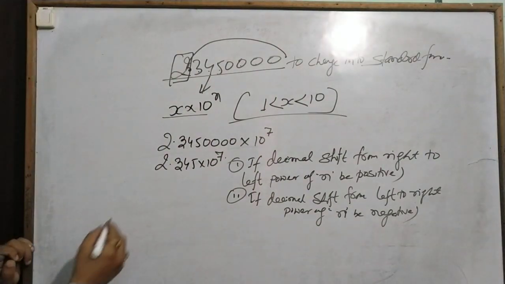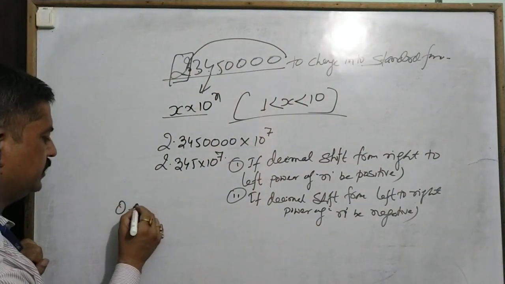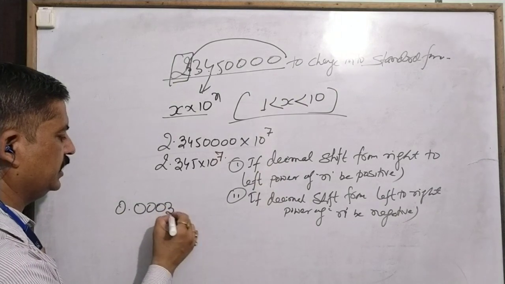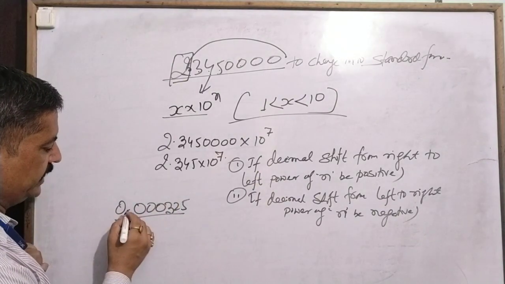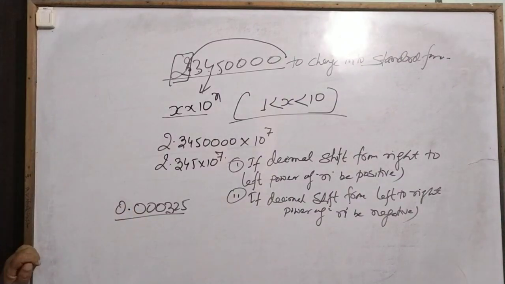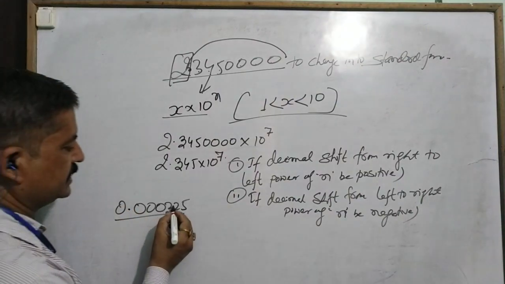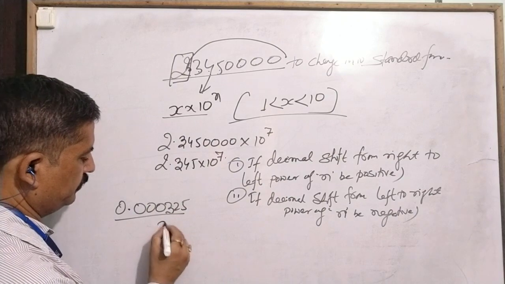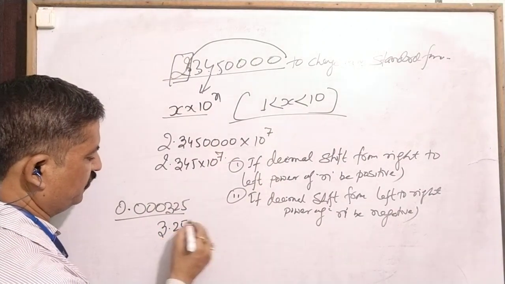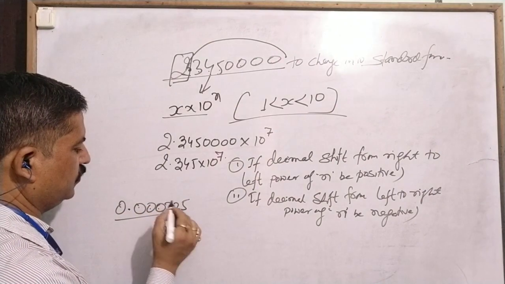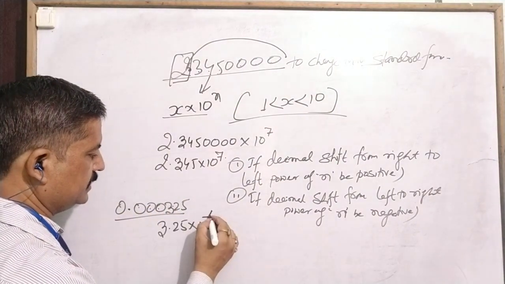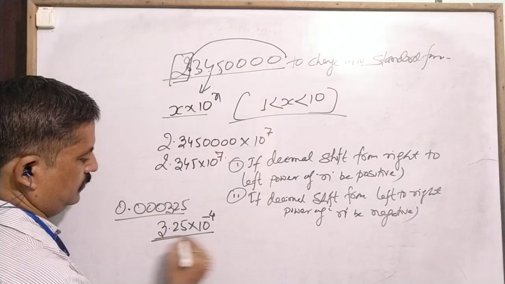For example, if the question is 0.000325, the decimal is at the left side and the first digit is 3. So we write 3.25 into 10 power minus, counting how much the decimal shifts: 1, 2, 3, 4. So 10 power minus 4.